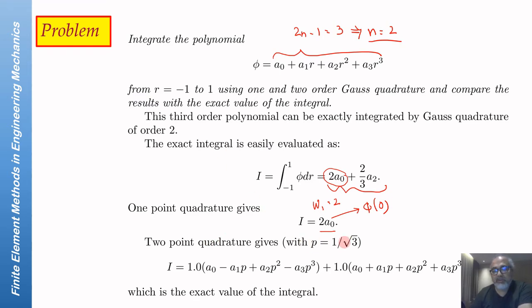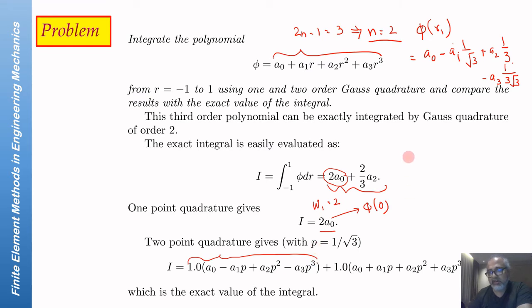let us take p is equal to 1 by root 3. So for the first point, phi r1 is equal to a0 minus a1 into 1 by root 3 plus a2 by 3 minus a3 by 3 root 3. This is phi r1, and the weight for this is 1. So this is the term.